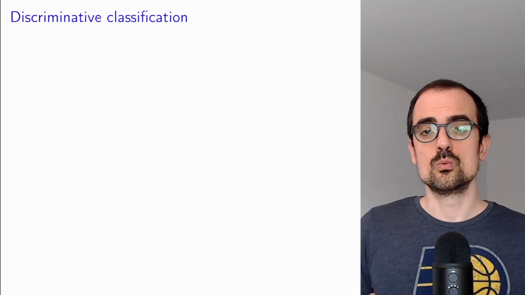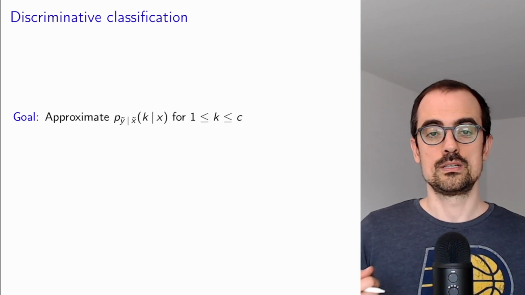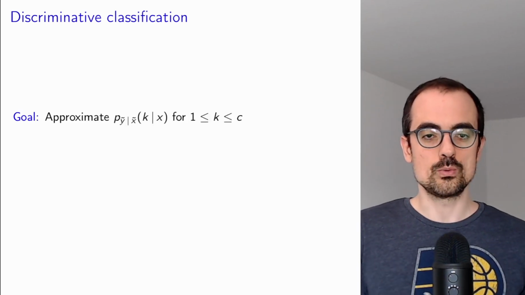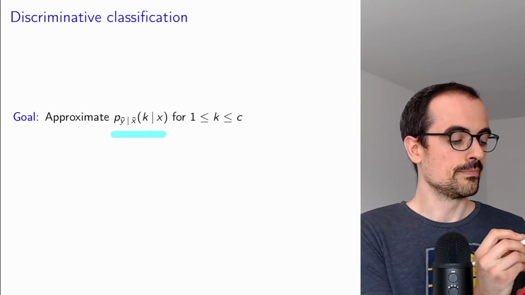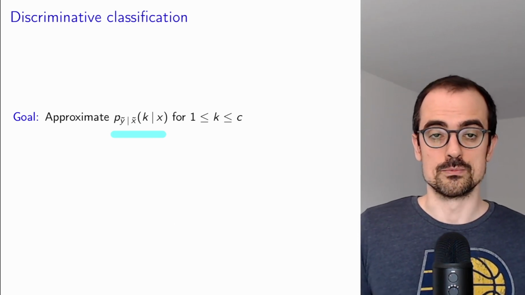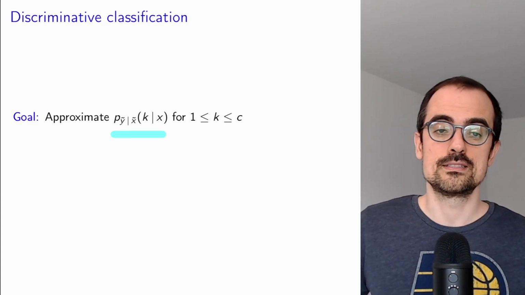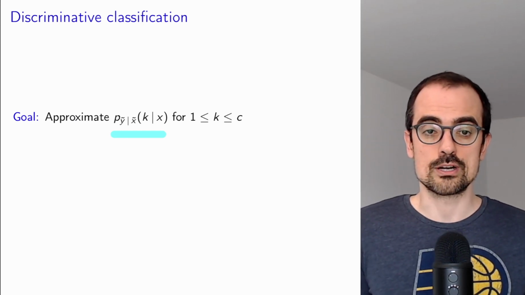Because of that, we have to make some assumptions when we're modeling. When we perform a discriminative classification, we try to approximate the probability of the response given the features under some assumptions. We have already discussed this in the videos on logistic regression and softmax regression.